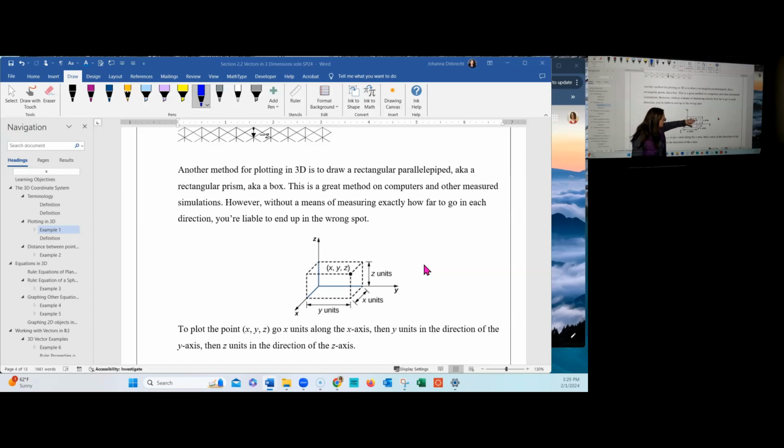These 4 lines here are parallel to the y-axis, one of them along the positive y. And these are all parallel to the z-axis. So you draw a box and then you move the right number of units. Again, I recommend using a sticky note so that you're moving the same distance for 1 unit along all 3. Then this would represent that point out in space.